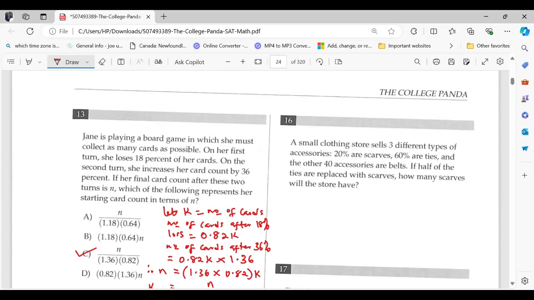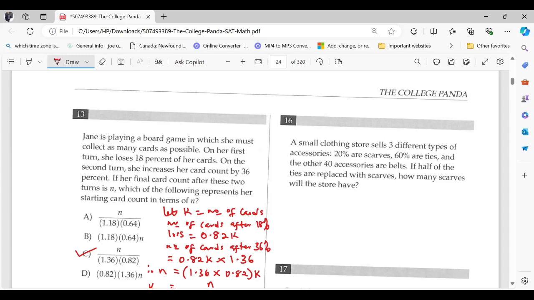A small clothing store sells 3 different types of accessories. 20% are scarves, 60% are ties, and the other 40 accessories are belts. If half of the ties are replaced with scarves, how many scarves will the store have? Now, let's see 3 accessories.